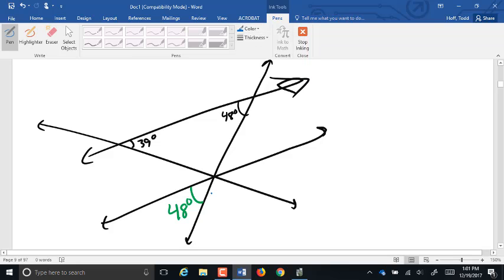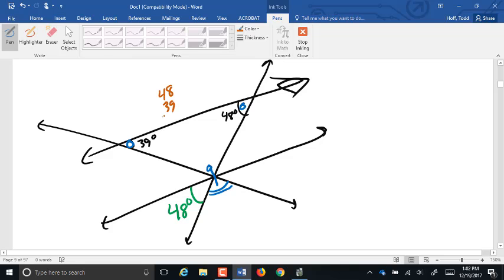So what if I ask about this angle here? It's vertical with that one, isn't it? So that means that these three add up to 180, right?